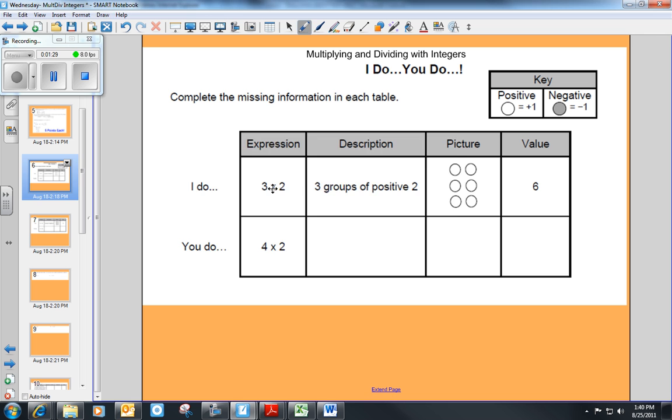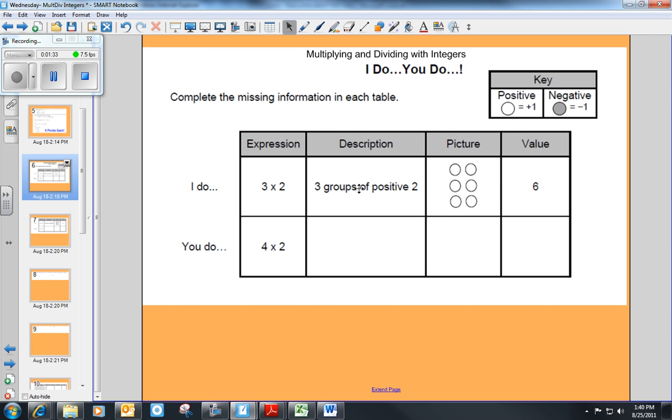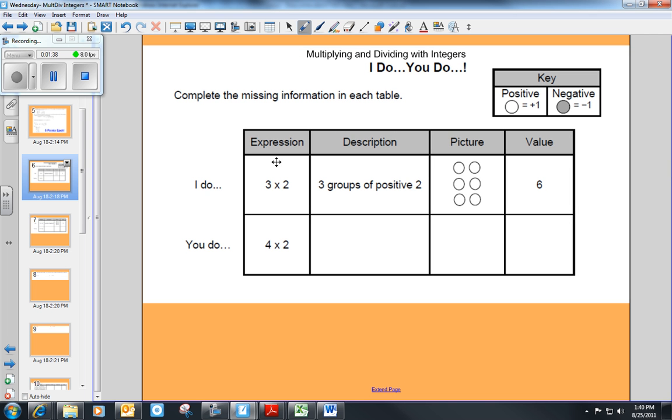So I have 3 groups of positive 2. Here's a group of positive 2. Here's a group of positive 2. Here's a group of positive 2. Okay? And your picture will look something like this. 1, 2, 3 groups of positive 2 for a value of 6.